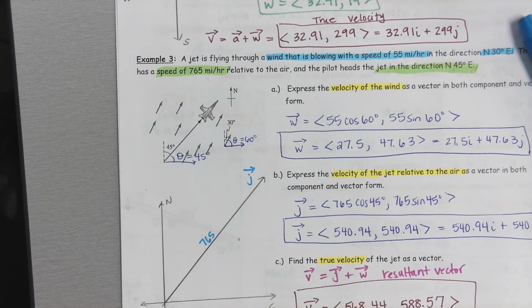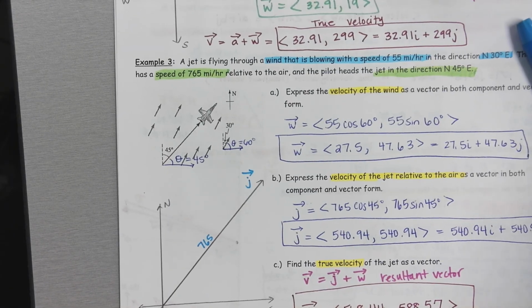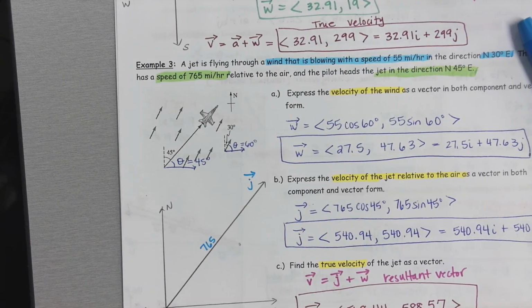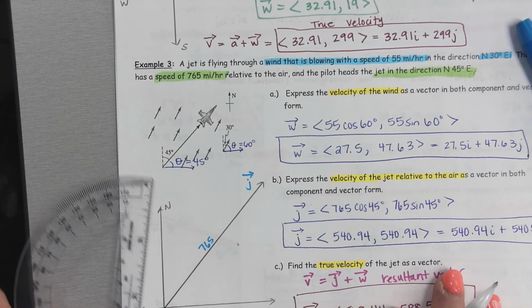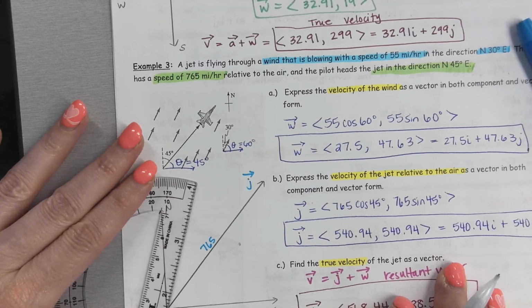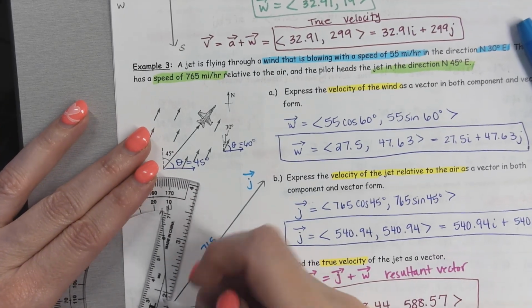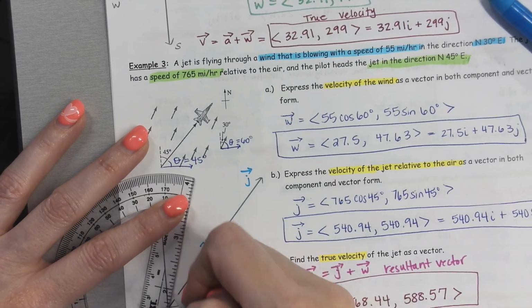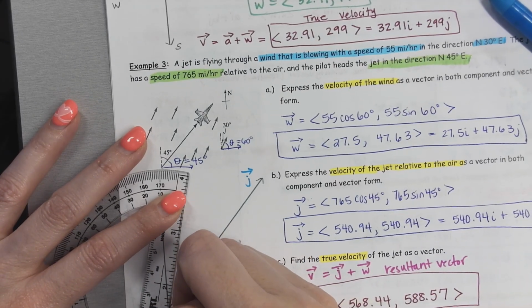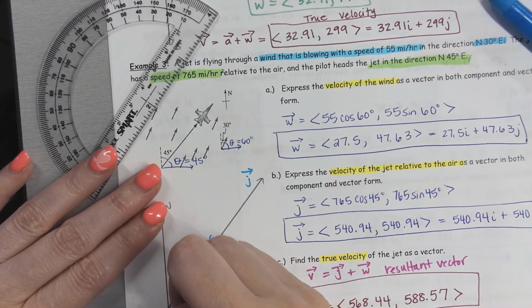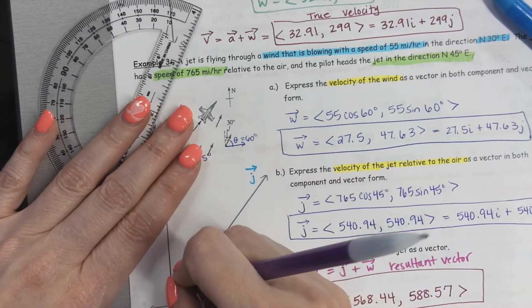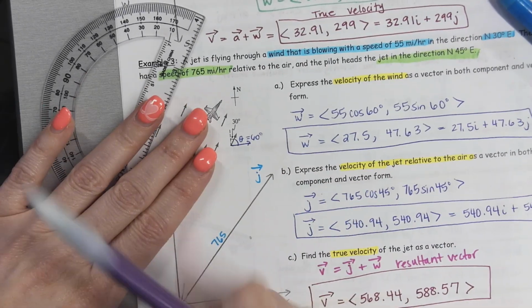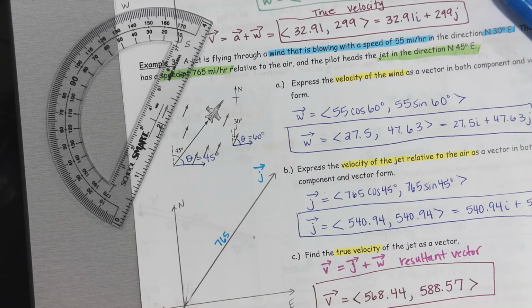Then I had 55, so that's about 13 times as large as my other vector, which is going to be 30 degrees in this direction. I don't like that.